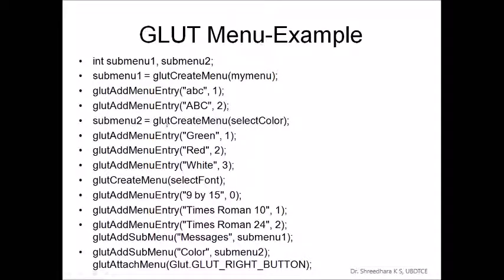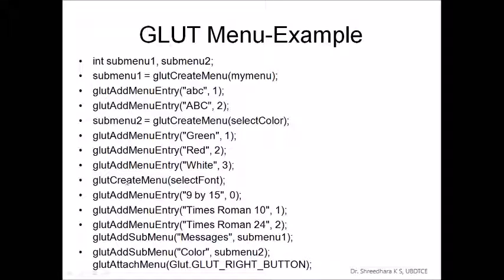Similarly, for submenu2, glutCreateMenu with select color as the menu: green 1, red 2, white 3. Inside this menu function, we catch these IDs and write the routines to change the color of the object that you have created. Like that, you can add many such menu routines by the three-step procedure you understood.